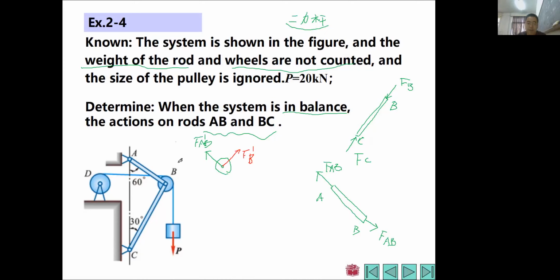You see? When we cut this ring and this ring out, because this is a tension constraint, do you guys still remember? We always said this kind of string always pulls, never pushes. So it will have this.